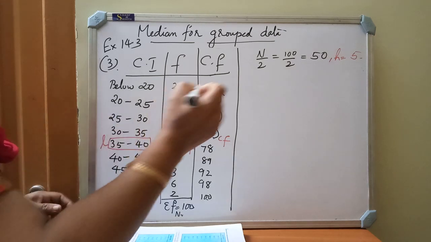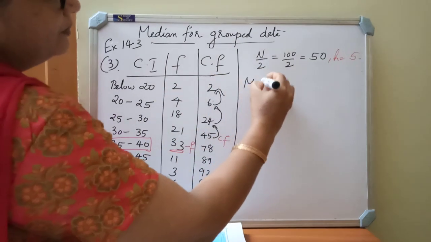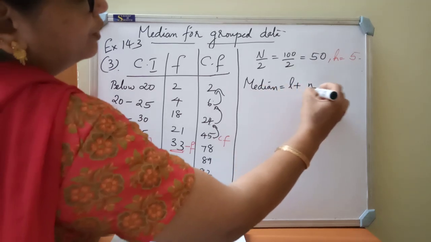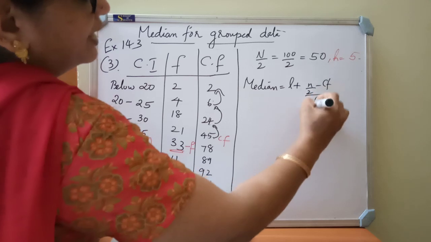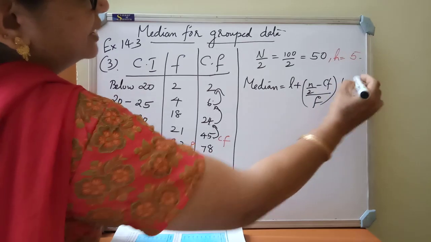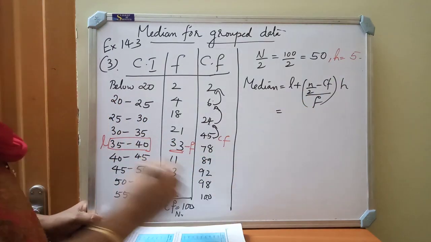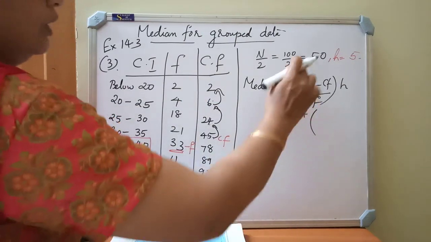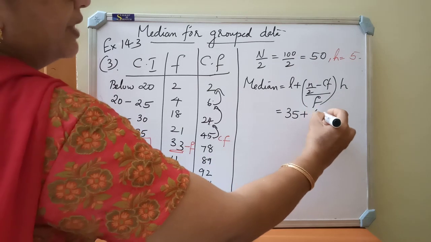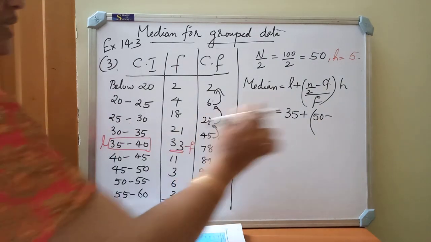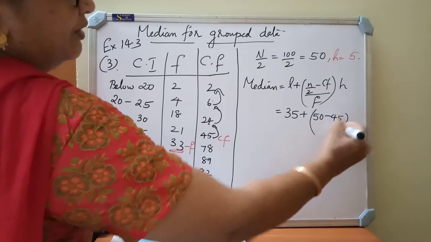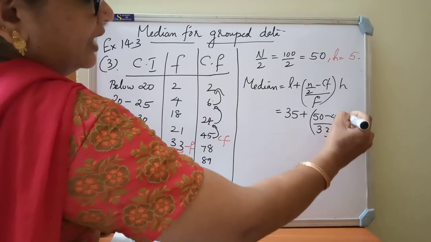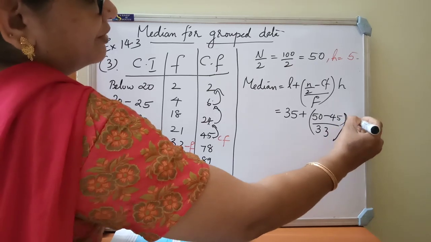So median is equal to L plus (n by 2 minus CF) whole divided by f into h. That is, our L value is 35 plus n by 2, 50, minus cumulative frequency 45, divided by frequency of the median class 33, into h, 5.